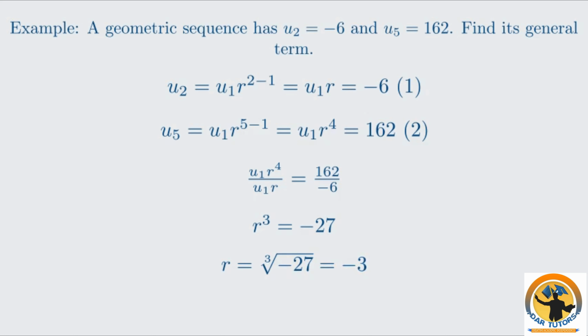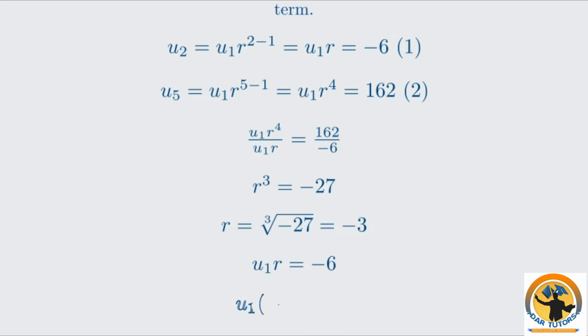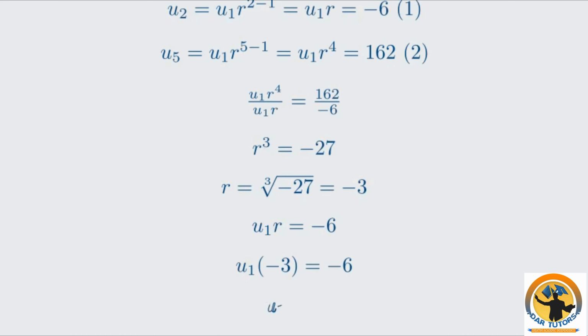Now that we have r, we can find u_1 by substituting it back into one of our original equations. Let's use the first one. u_1 times r equals -6. Substituting r equals -3, we get u_1 times -3 equals -6. Dividing by -3, we find that u_1 equals 2.